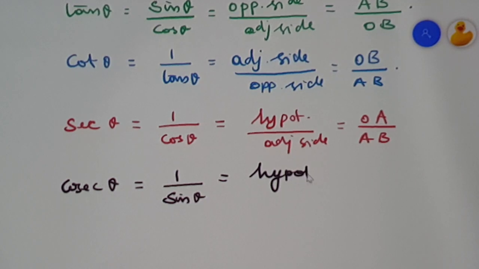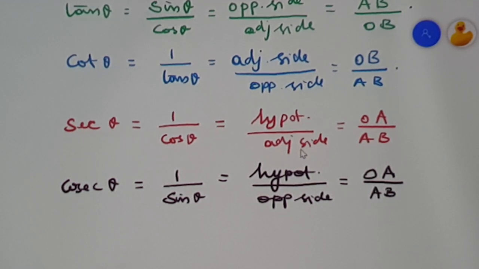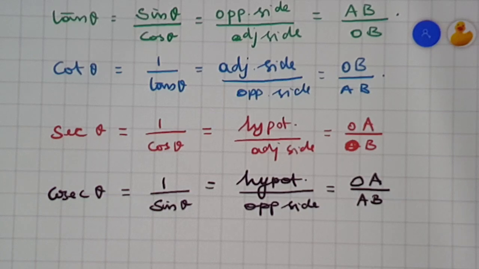So hypotenuse divided by opposite side, which is hypotenuse OA divided by opposite side AB. Okay, this is cosecant theta. So we are calling these the trigonometrical ratios.